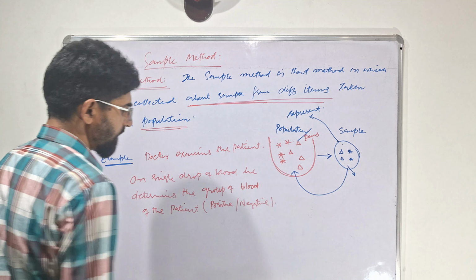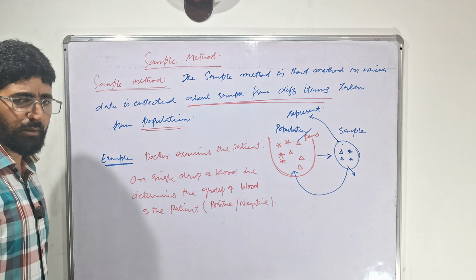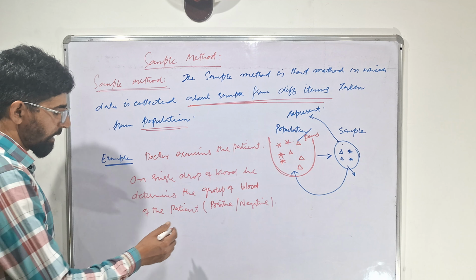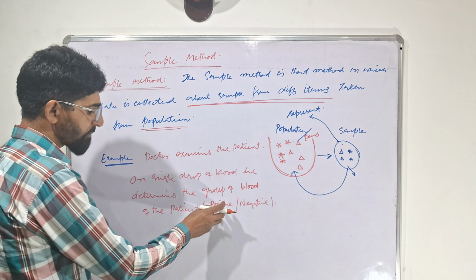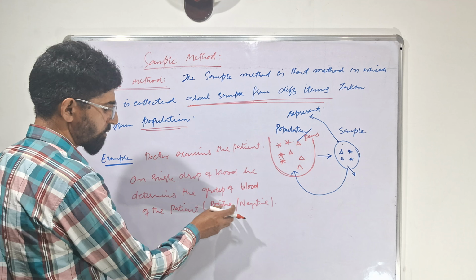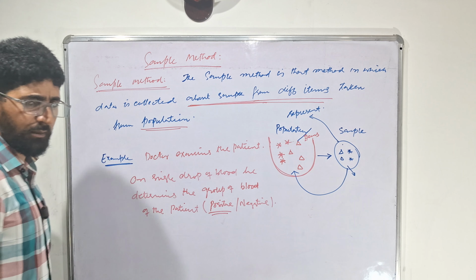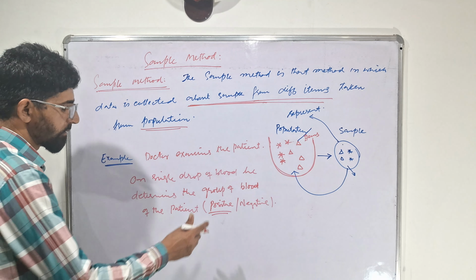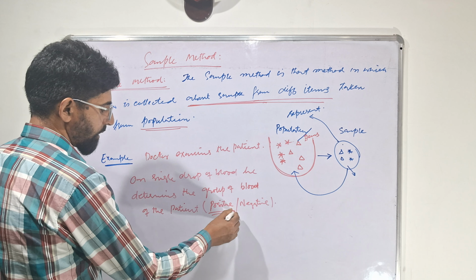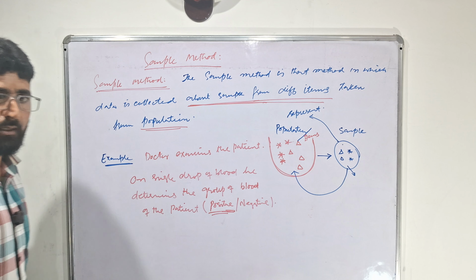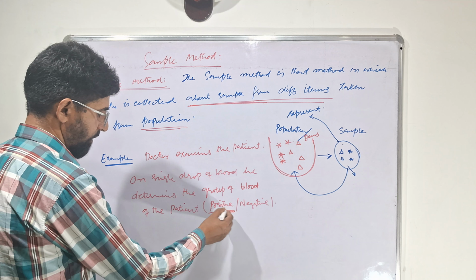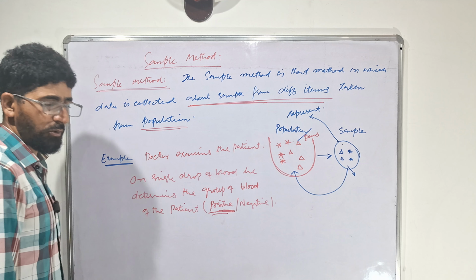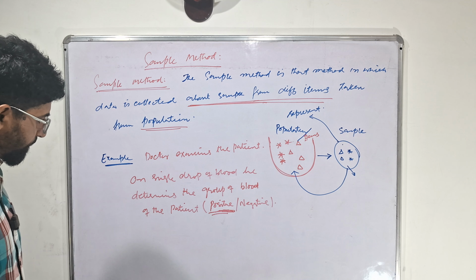Generally, a few drops are taken by the doctor for examination. There are too many kinds. Definitely he knows by taking only a single drop of blood whether the patient has a positive or negative blood group.